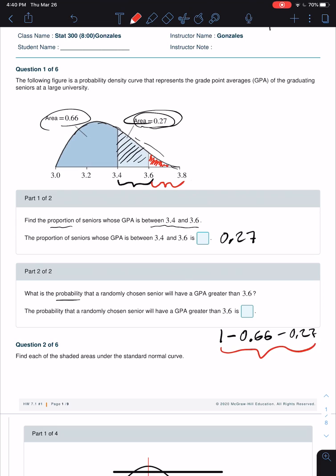We subtract those from 1. It's like $1 minus 66 cents minus 27 cents. That would leave us with 0.07, which is 7 hundredths, or 7 cents if you want to think of it like that. So the answer is 7 hundredths, or 7%.